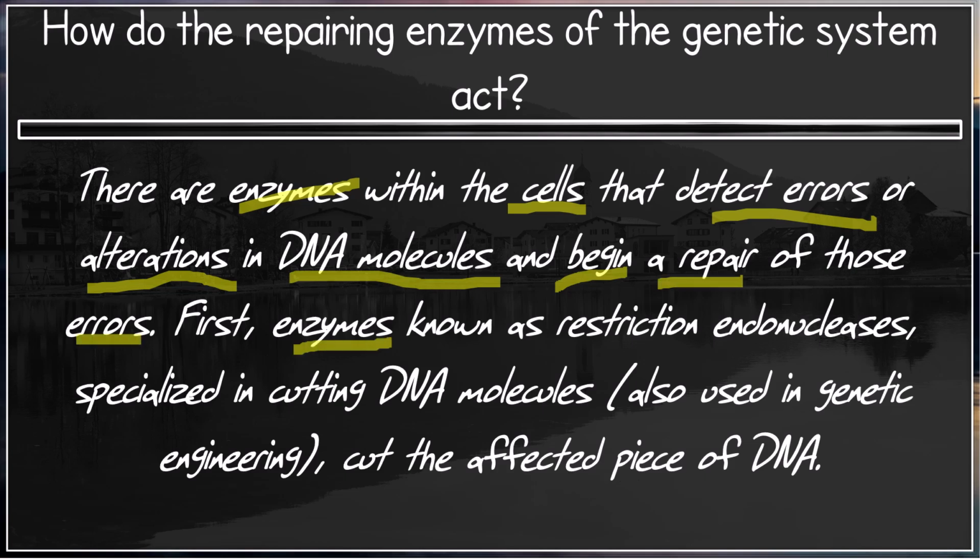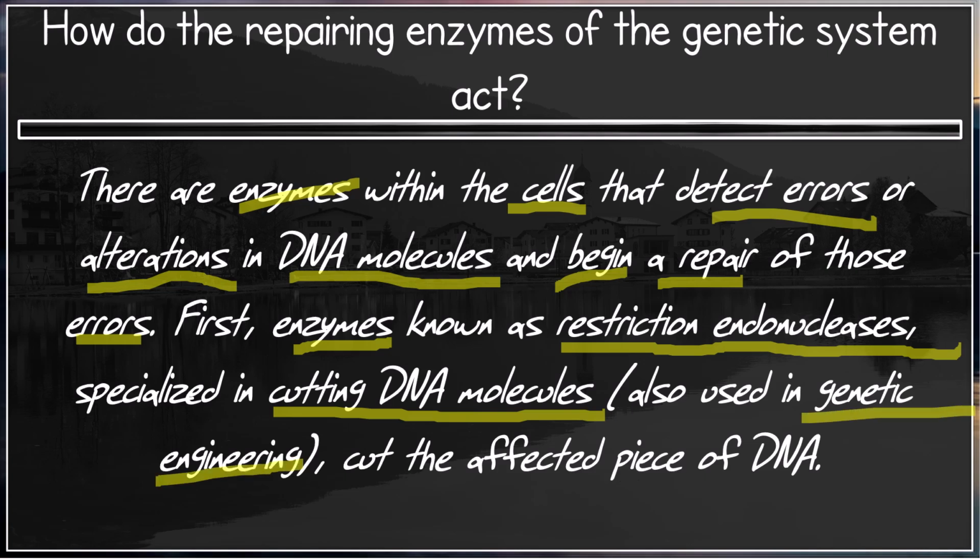The first enzyme is known as restriction endonuclease, specialized in cutting DNA molecules, also used in genetic engineering.